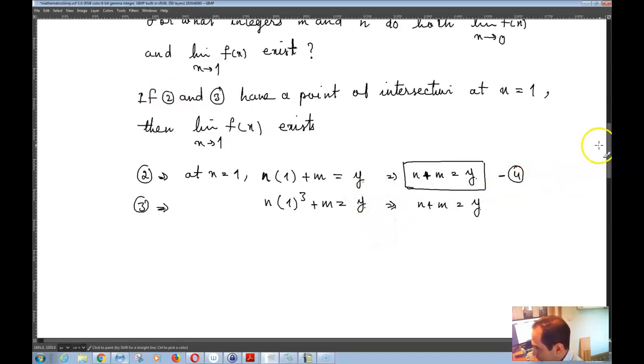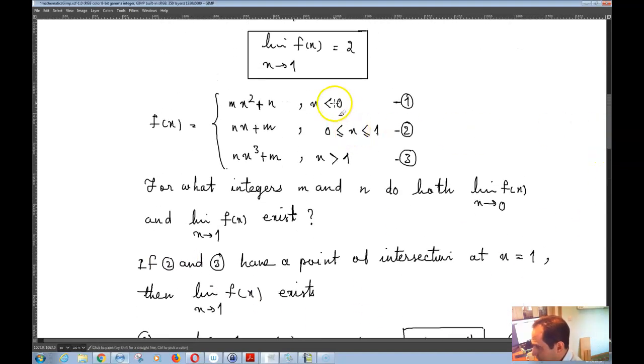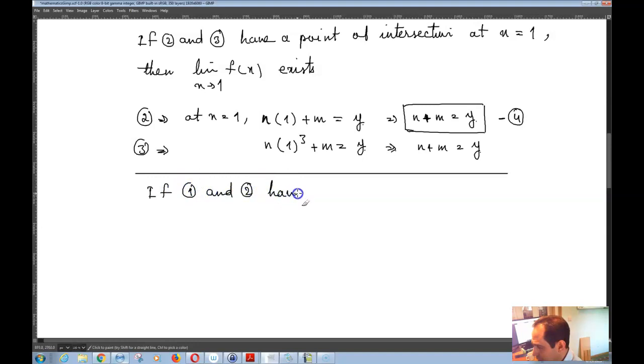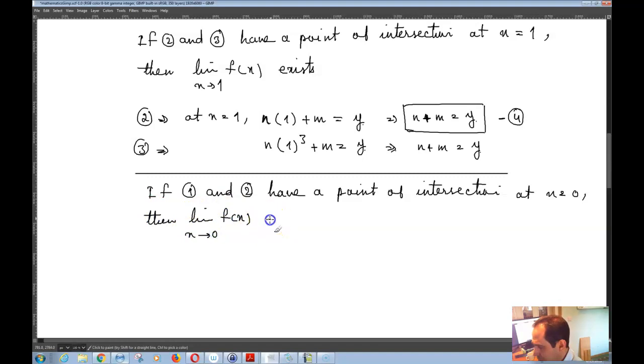Now we said that if 1 and 2 have a point of intersection at x is equal to 0, then the limit of f of x when x tends to 0 exists.